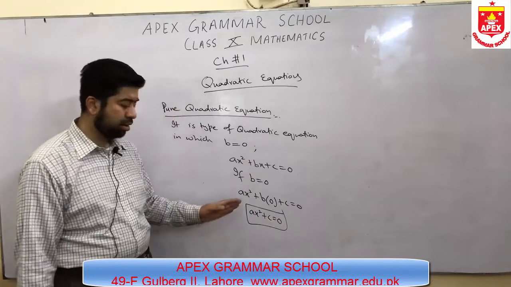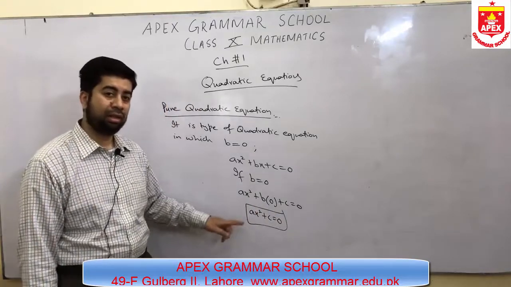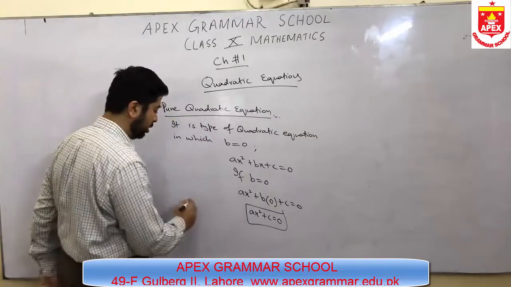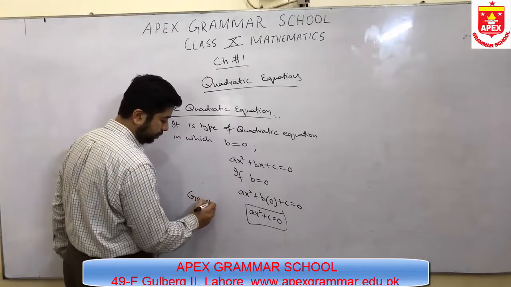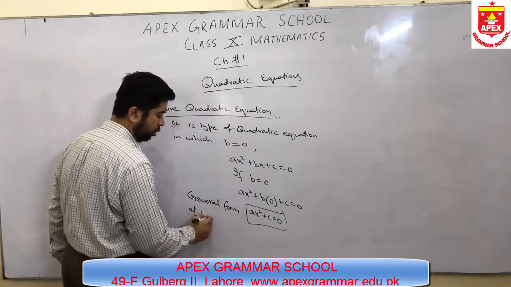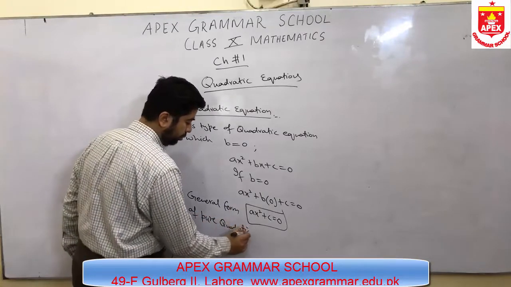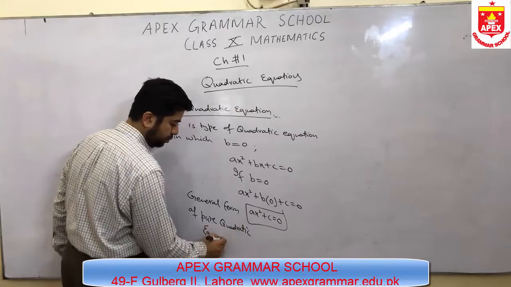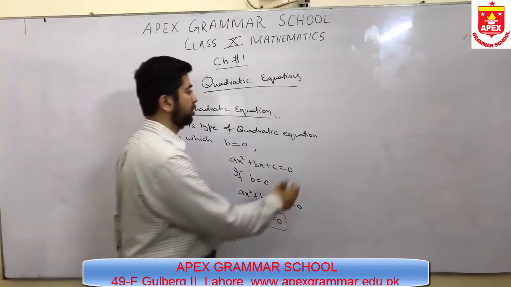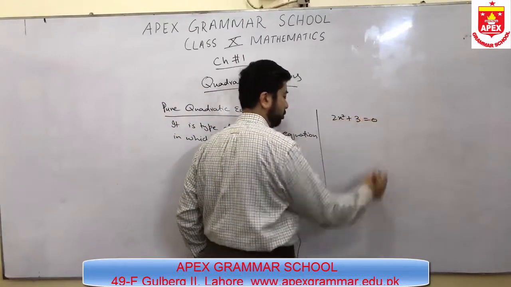Is this still a quadratic equation? Yes, it is still a quadratic equation, but in its pure form. So this is the general form of the pure quadratic equation. For example, 2x square plus 3 is equal to 0.